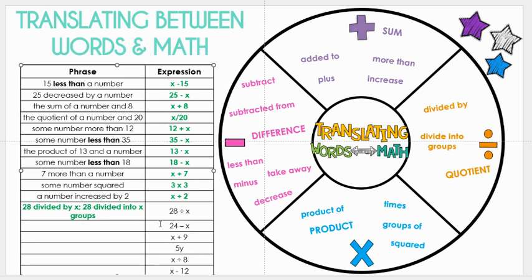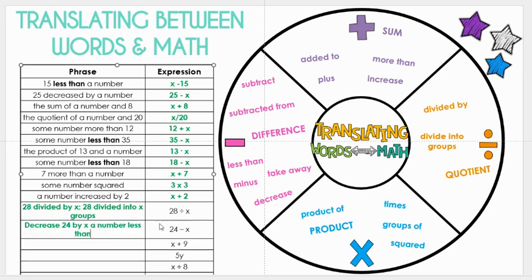We could say decrease 24 by x. Or a number less than 24. Because we're going to take away some number, so it's going to be a number like 7 less than 24.